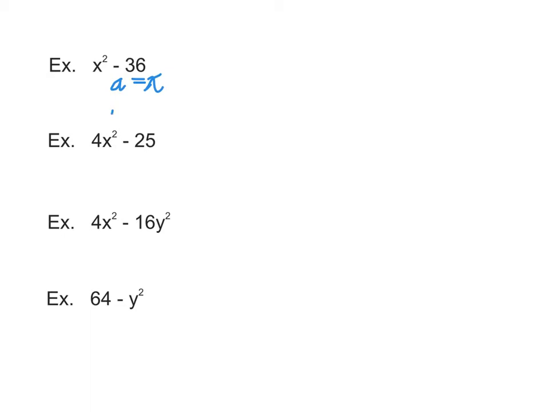That must have been a 6. In order to write it out then, what I'll do is just write a plus b, a minus b. Or the factorization is x plus 6, x minus 6. No work to show at all.